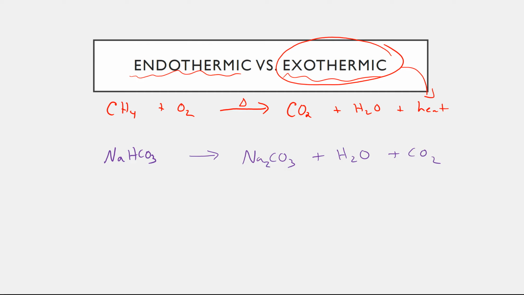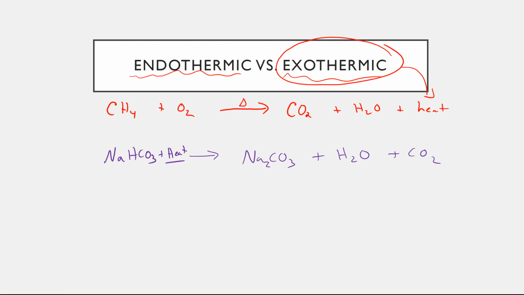In order to make that happen, I am going to have to add heat. So we've not been writing heat in our reactions. In order to decompose my sodium bicarbonate into sodium carbonate, water, and CO2, I am going to have to heat it up pretty hot. And so in this sense, my reaction is not releasing heat to the surroundings. In order to make the reaction happen, I have to put heat into that system. So when I just wrote H2O there, I meant to write heat.